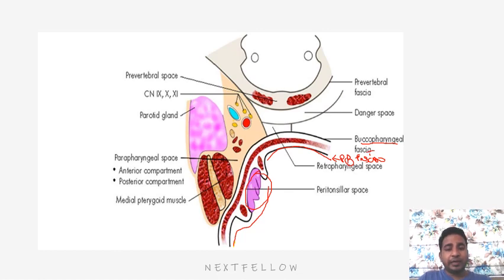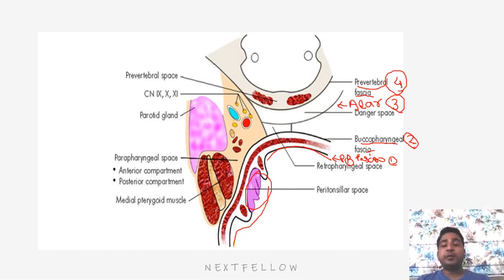The third layer is the alar fascia, and the fourth layer is the prevertebral fascia.